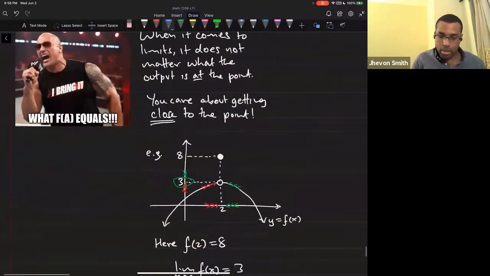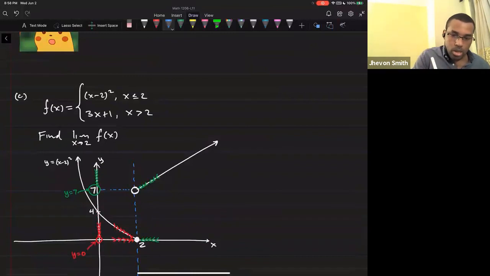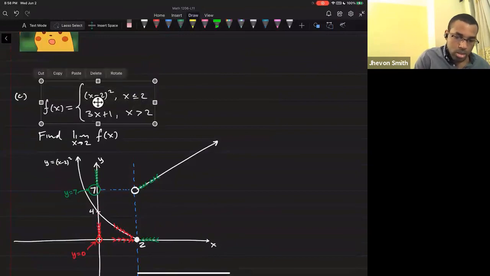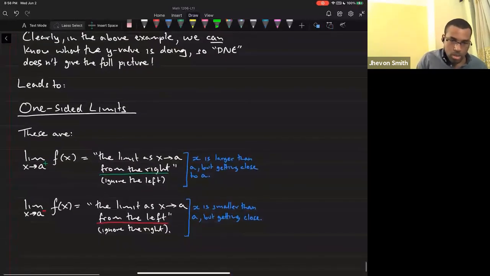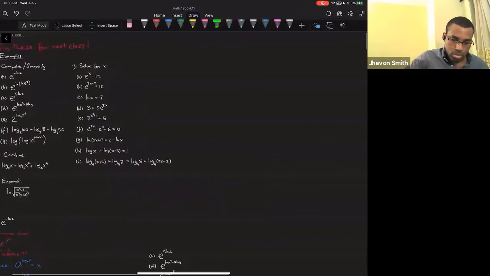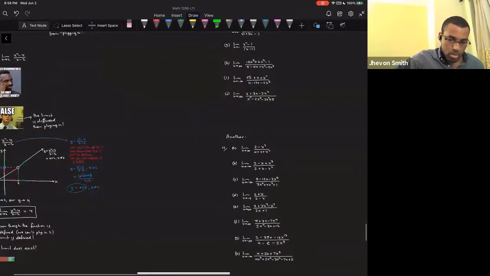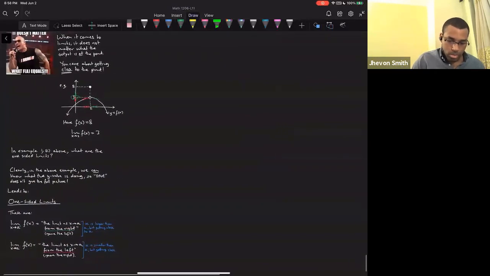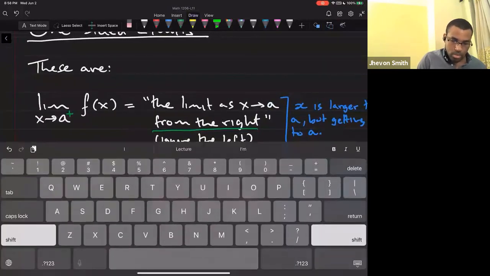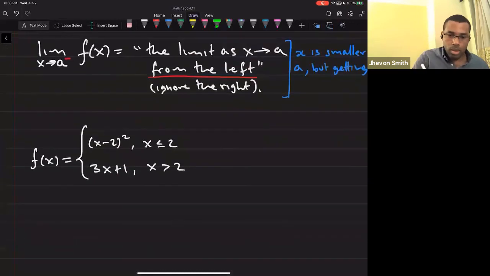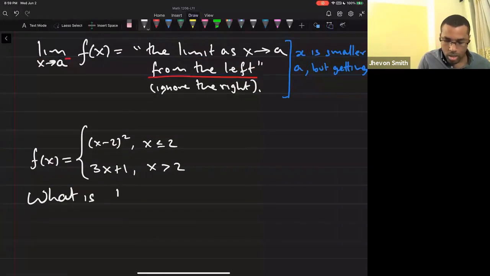So if I go to the above example and ask a different question: what is the limit as x approaches 2 from the right of f of x?